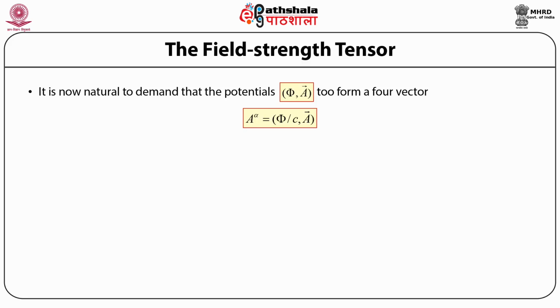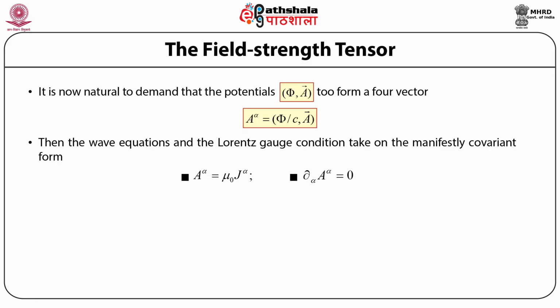So using this 4 vector notation and the Lorentz gauge condition, we can write down the equations in the Lorentz gauge as the Laplacian operator acting on A superscript alpha is equal to μ₀ times J superscript alpha, while the Lorentz gauge condition takes the form ∂ subscript alpha acting on A superscript alpha is equal to 0.